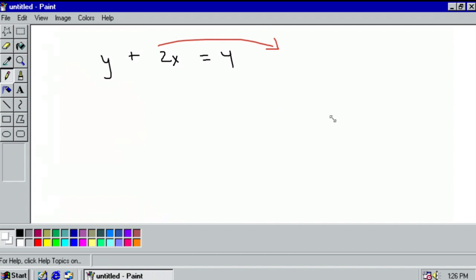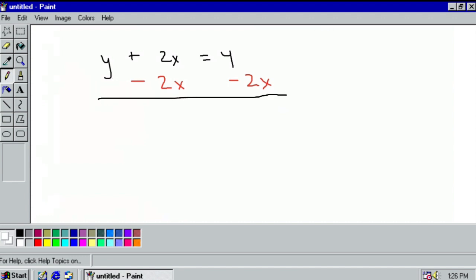To demonstrate this, let's just add negative 2x to both sides. As you can see, that will cancel, giving us on the left side y, equal to 4 minus 2x. So it's just the same.